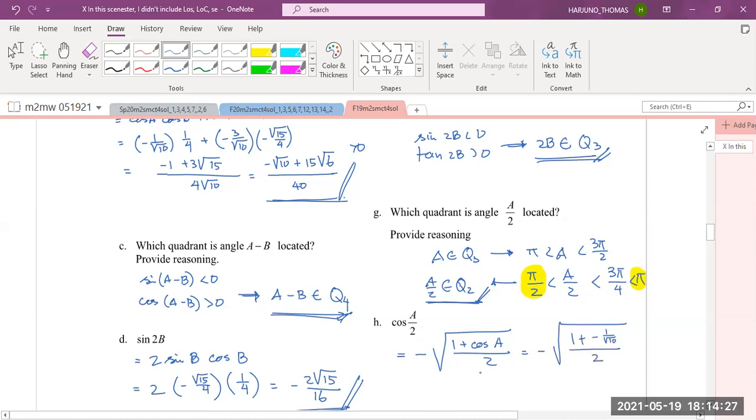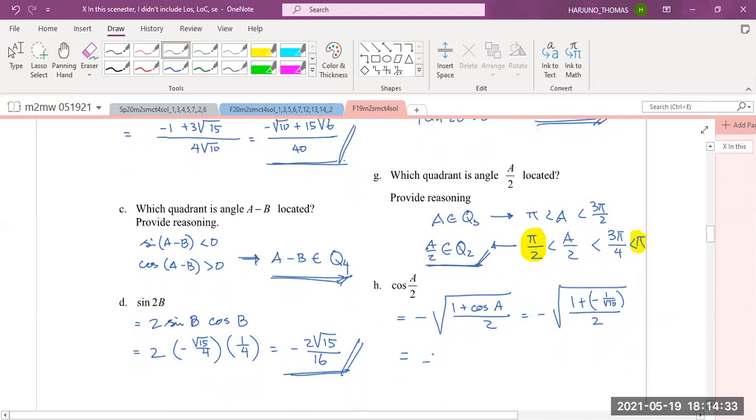Oh, this will be quite nasty, huh? So multiply by radical 10 on the top and the bottom. That will give me radical 10 minus 1 over 2 square root of 10. Multiply by radical 10 on the top and the bottom just to rationalize that. That will give me negative square root of (10 minus radical 10) over 20.